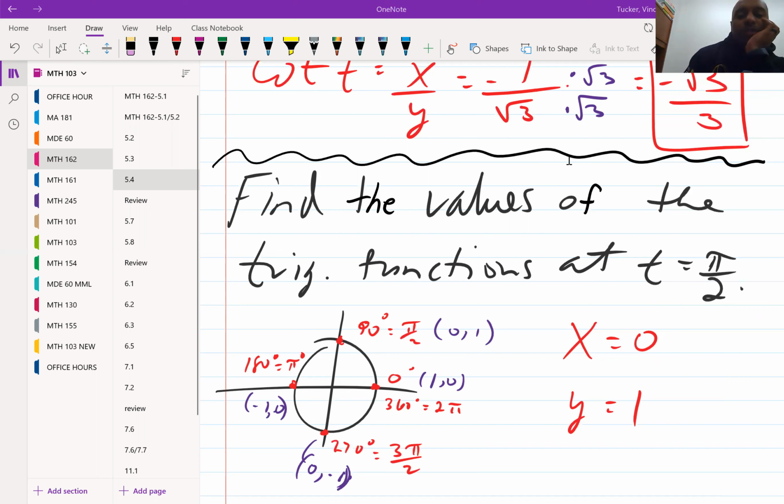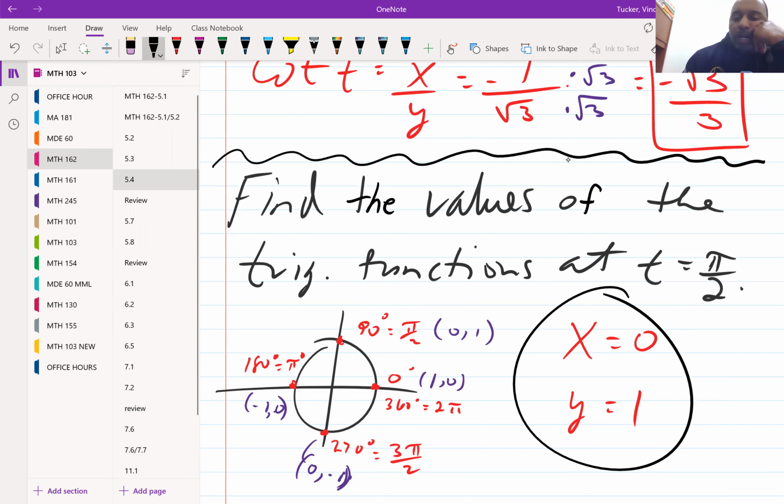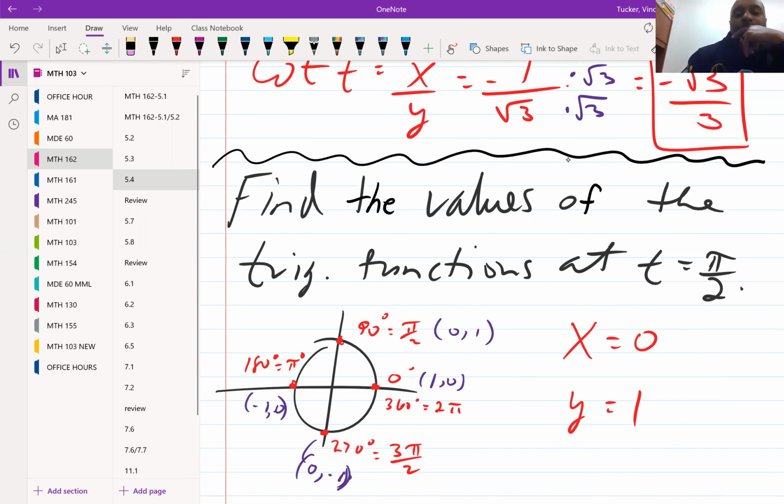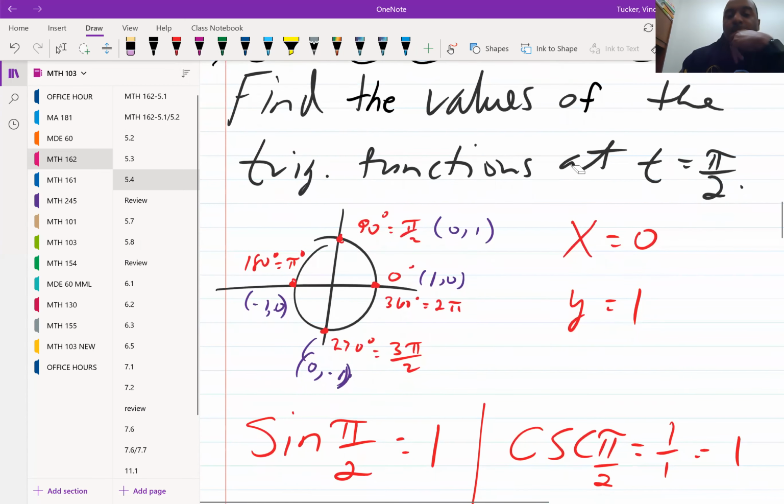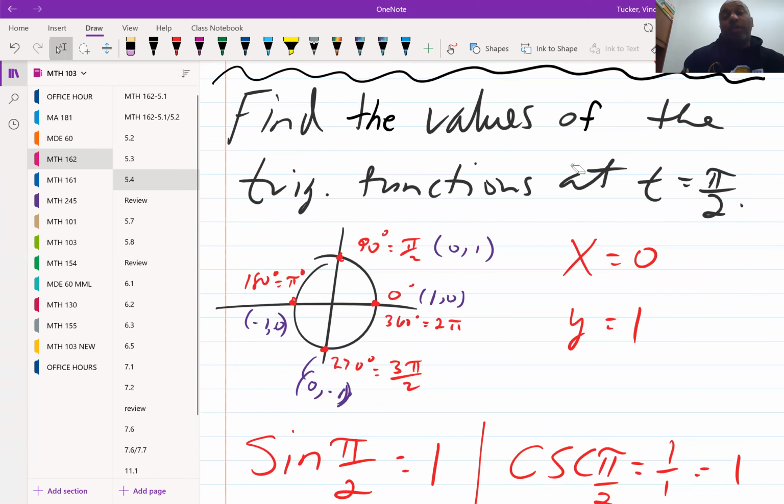But yeah, if you were to look at your unit circle, pi over 2 and 90 degrees, when we talked about it last class, are the same thing. So the coordinates of 90 degrees are 0, 1. And so that means x is 0, y is 1, as far as your coordinates are concerned. So from there, you just go ahead and fill out the relationship as we know it.